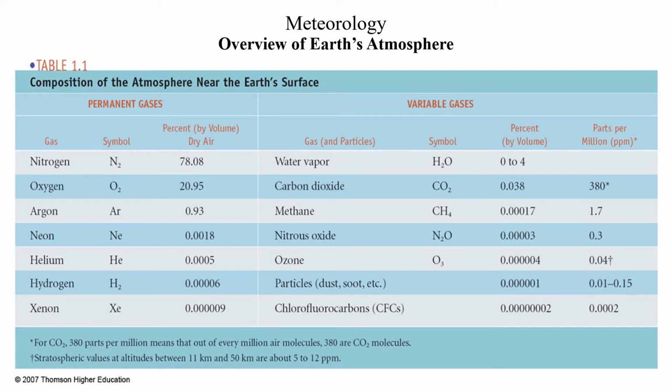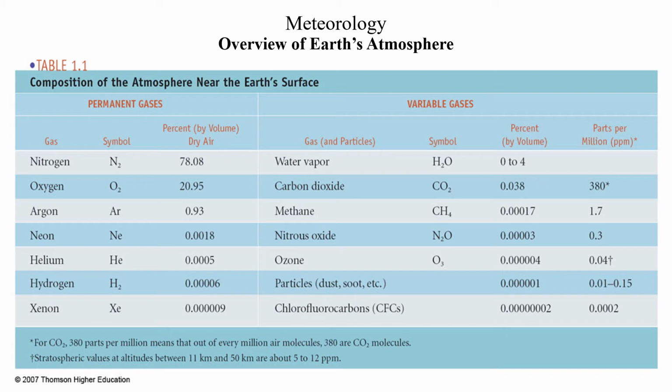Another gas, the most significant and most discussed, is carbon dioxide. It is an important atmospheric component, and like water vapor, carbon dioxide also has a significant influence on climate, primarily because carbon dioxide has the ability to absorb thermal infrared radiation and help warm the lower troposphere, the lower atmosphere.